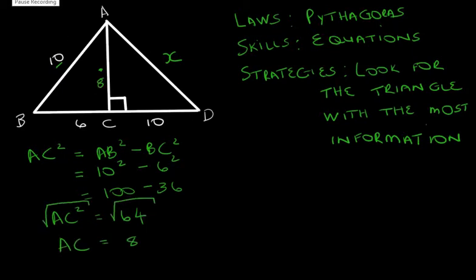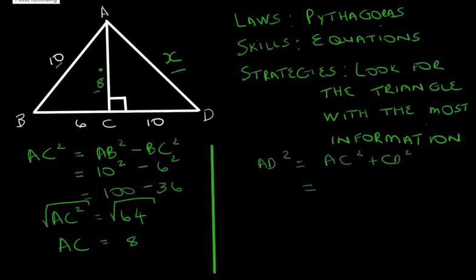We will then find that AC is equal to 8. But have we answered the question? Well, not yet, because they've asked us to find X, and we haven't yet found that side AD. So now that we have this value, we can have a look in triangle ACD and see that we've got two values. And we can use these two values to solve for X.